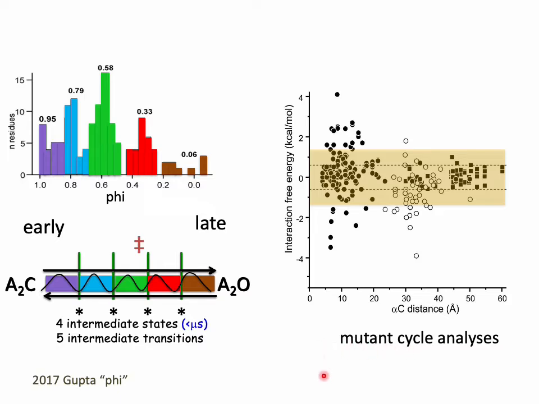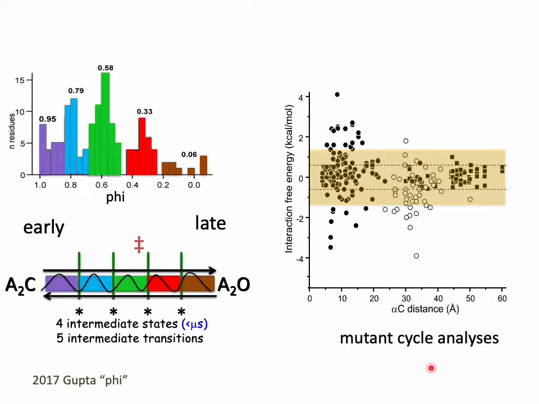What a mutant cycle analysis is: you make a mutation to residue A and measure the effect on the gating equilibrium constant. You make a mutation to residue B and measure the effect on the gating equilibrium constant. And then you make the pair of mutations and measure the effect on the gating equilibrium constant.